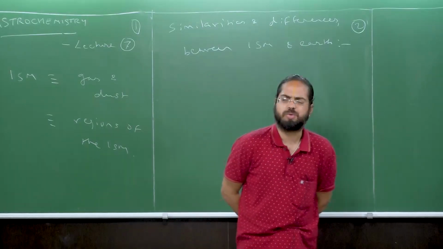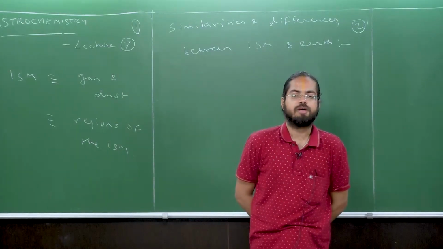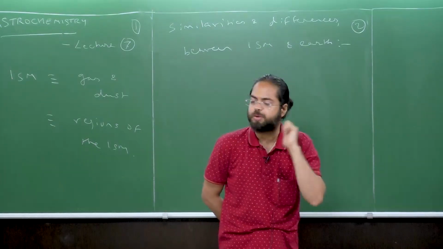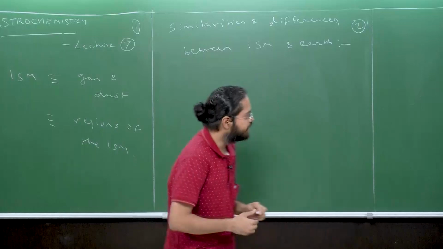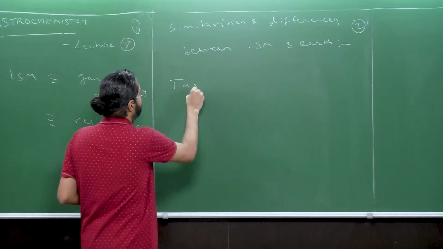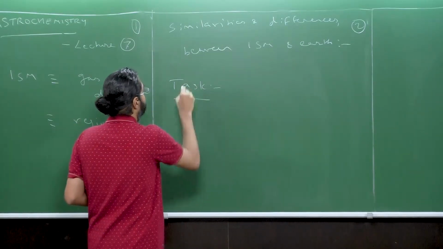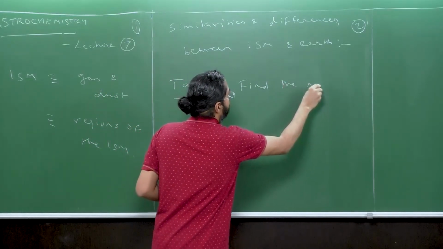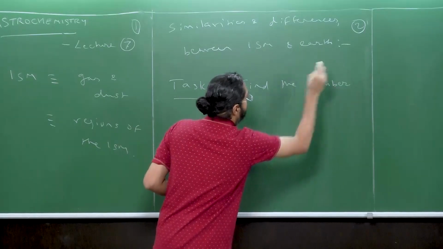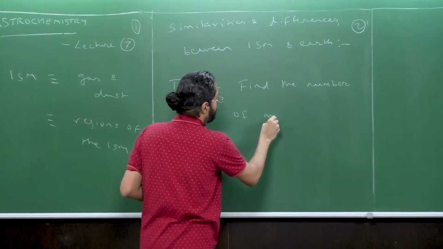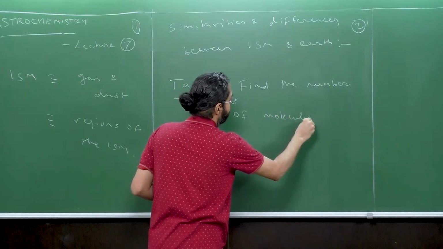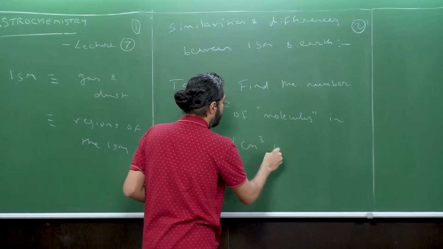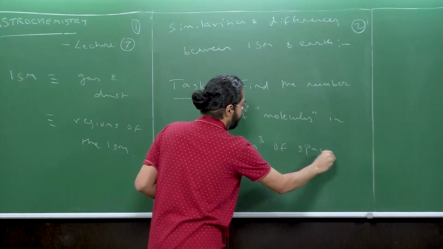Now, if I ask you to calculate the number of molecules present in 1 centimeter cube of space right next to you, what will you do? Is the question clear? The task given to you is: calculate the number of molecules in 1 centimeter cube of space right next to you.